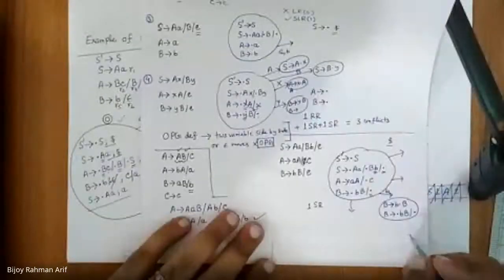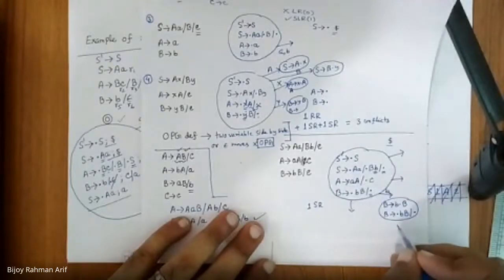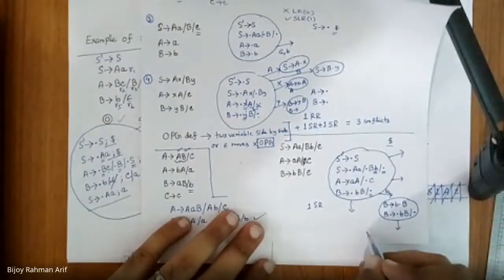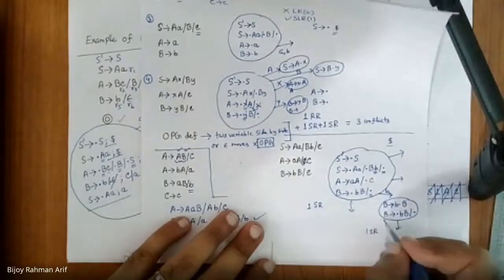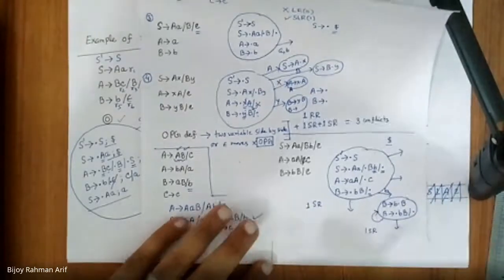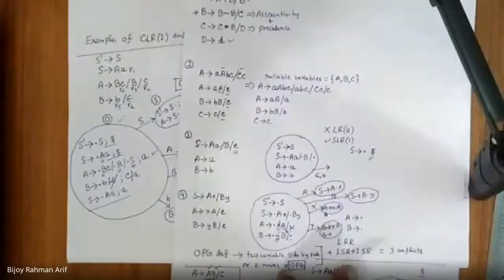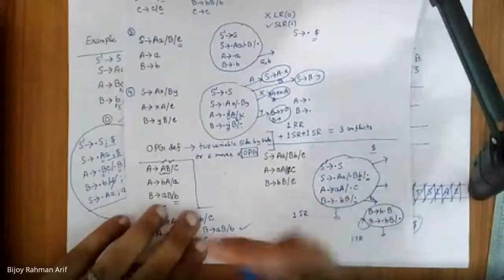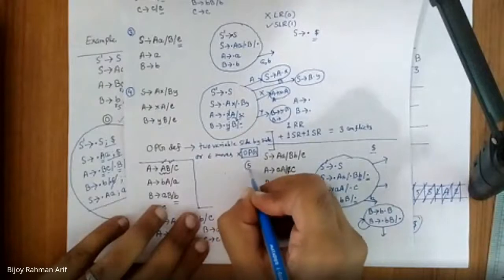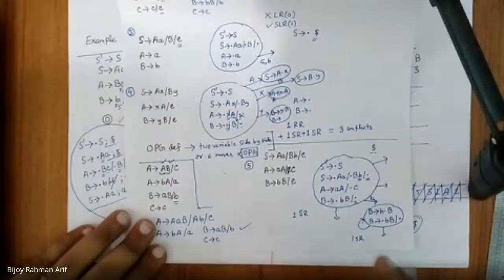Then again, there is another SR conflict. Then finally there is no conflict. So that is the answer. Did you get it? This is the answer. The two conflicts are there. Two SR conflicts are there.